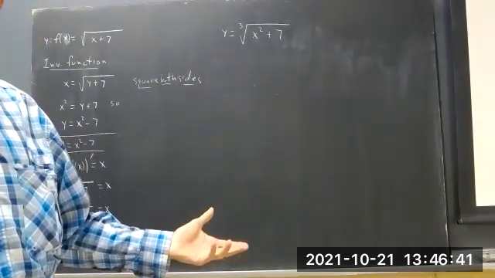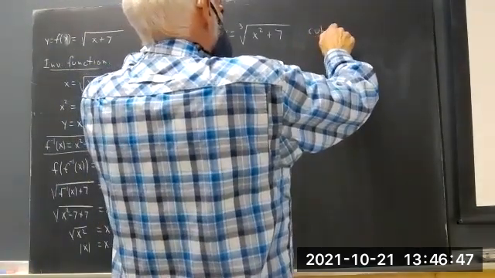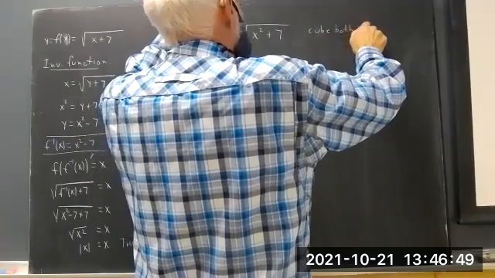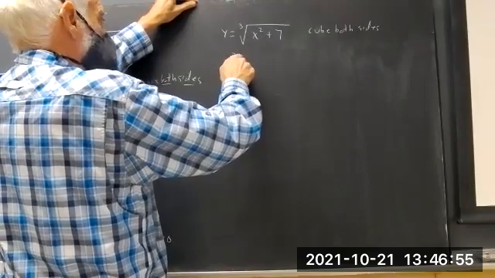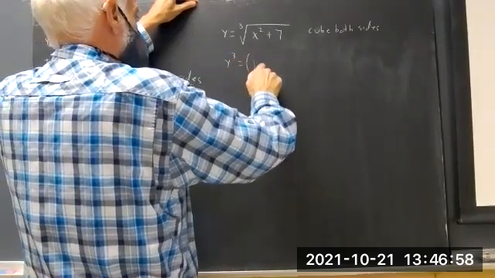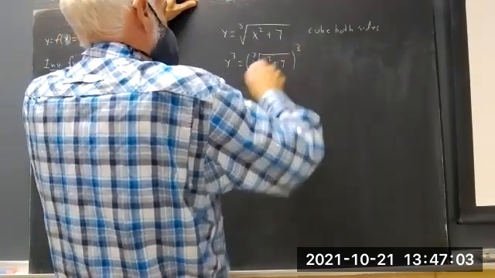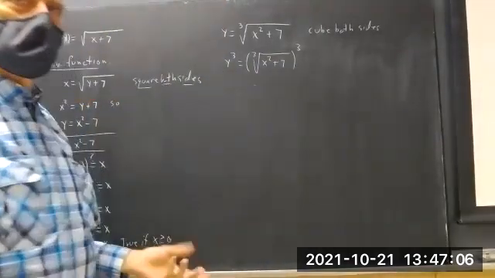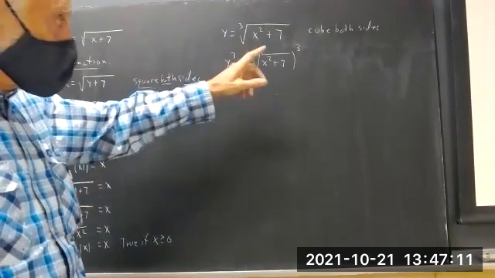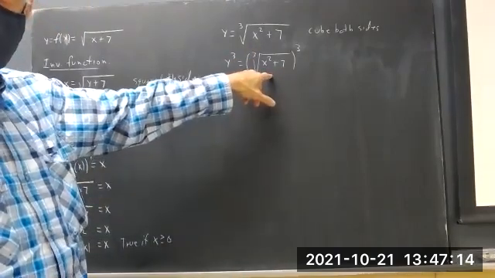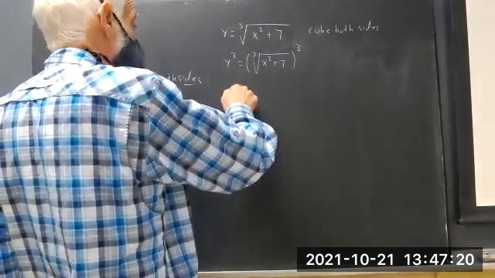We cube both sides, right? The cube root of a number is a number we cube to get that number. So when you cube the cube root, you just get whatever you're taking the cube root of. So we get y cubed.